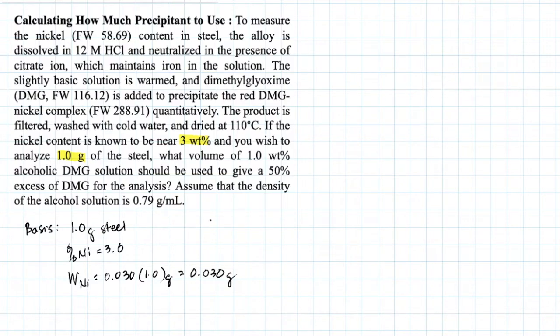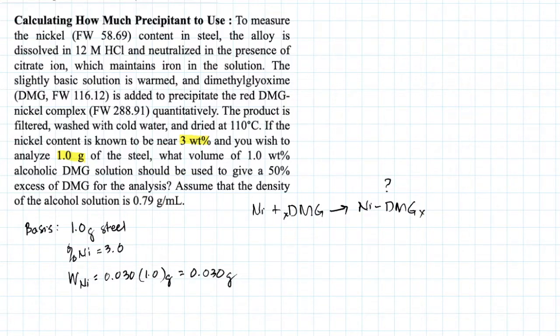Well, we don't know the reaction involving nickel and DMG to form the nickel DMG complex. However, we are given the atomic weight of nickel, the formula weight of DMG, and the formula weight of the red DMG complex.